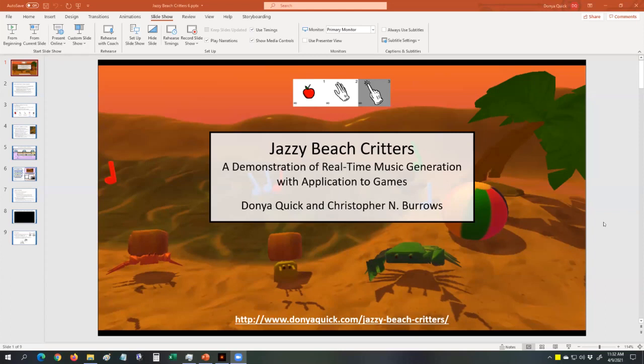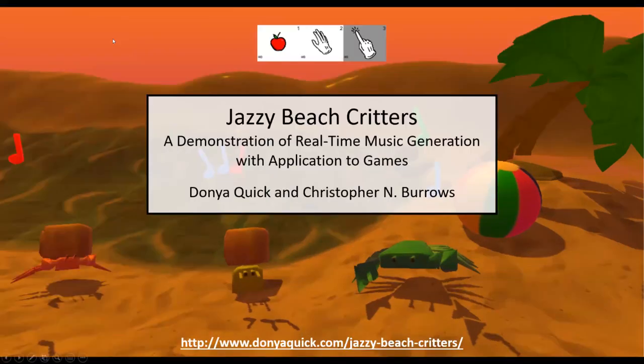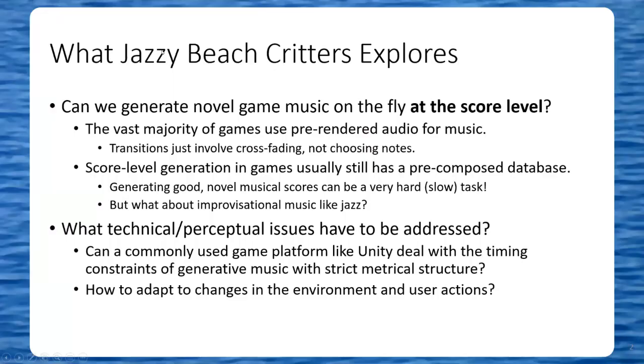So Jazzy Beach Critters is a little Unity scene that Chris Burrows and I put together, exploring a couple of questions. The first question we were interested in is, can we generate novel game music, like a soundtrack, on the fly at the score level?